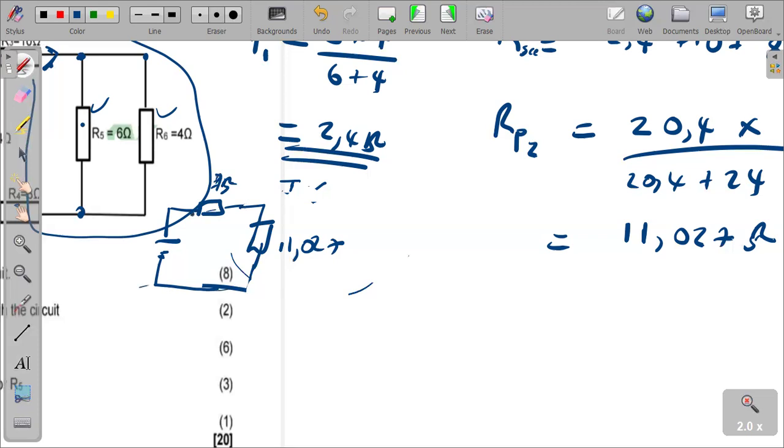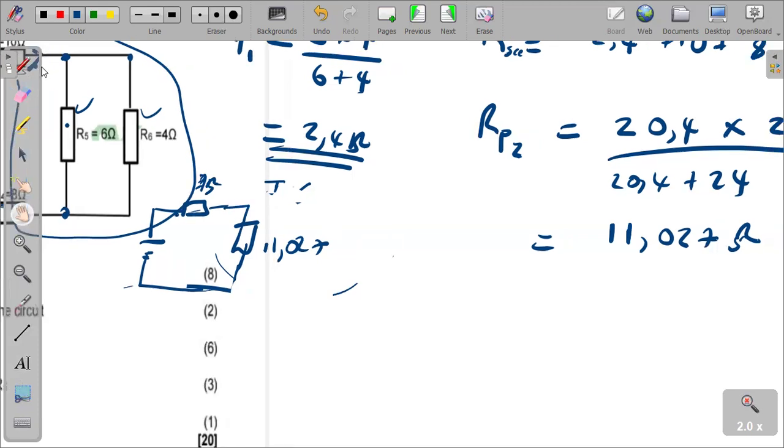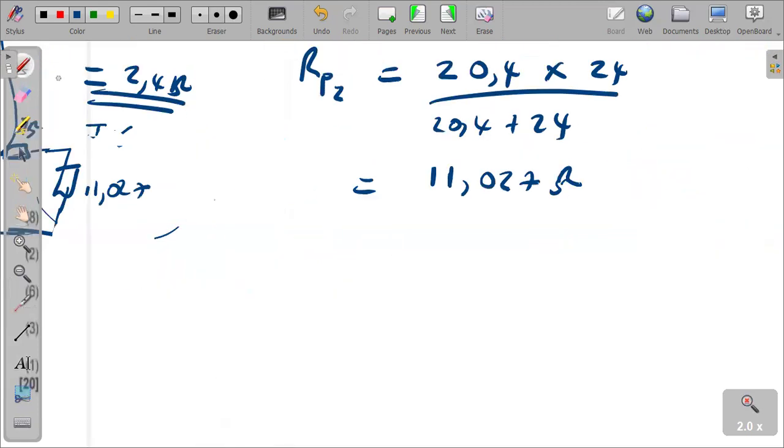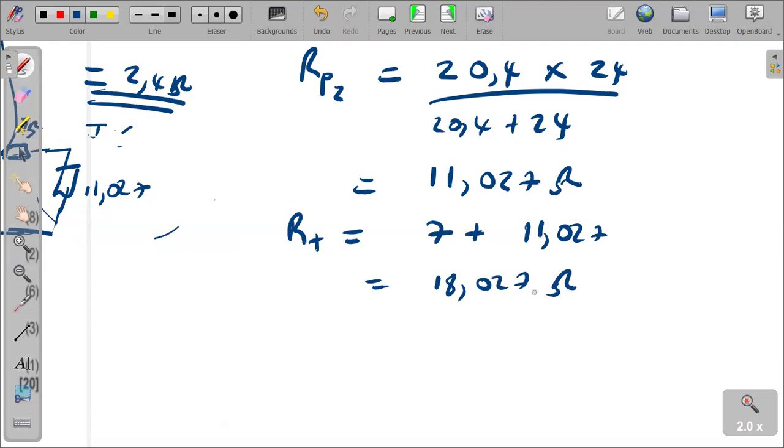So we can easily calculate the total resistance: RT is given by 7 plus 11.027, and that will give us 18.027 ohms. That marks the total resistance we have arrived at.